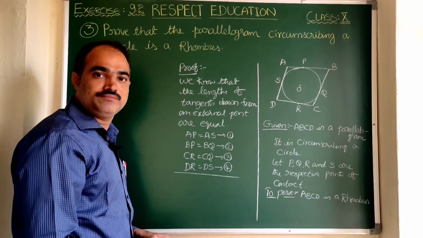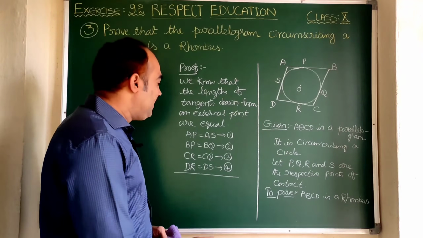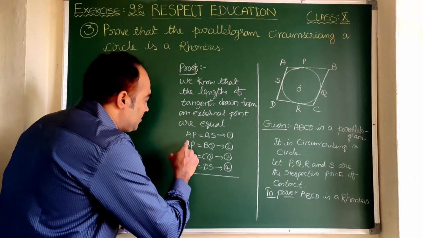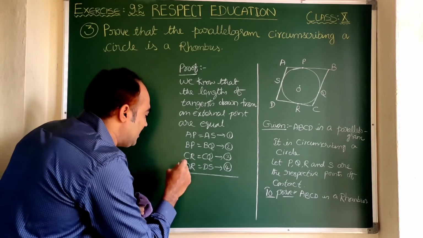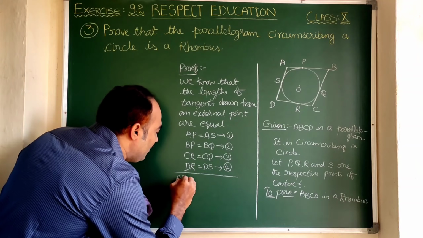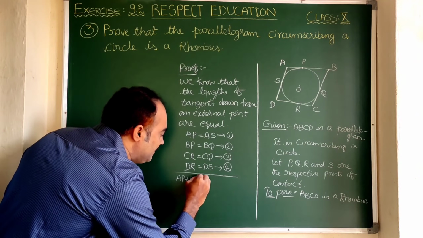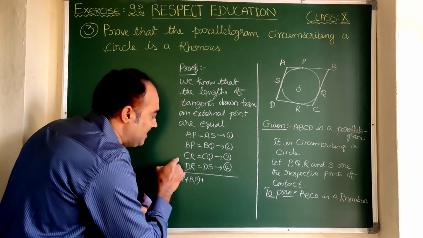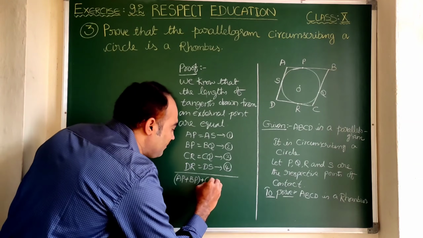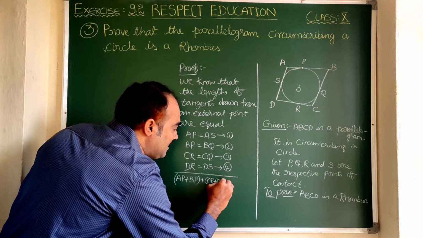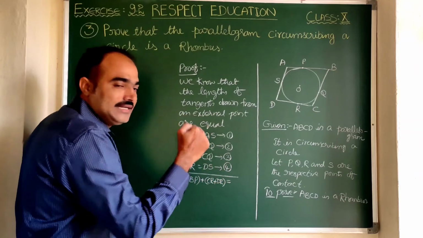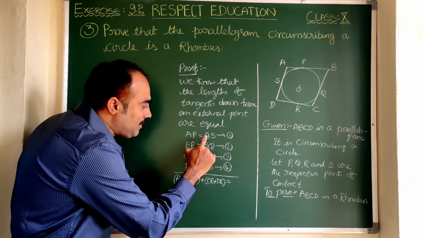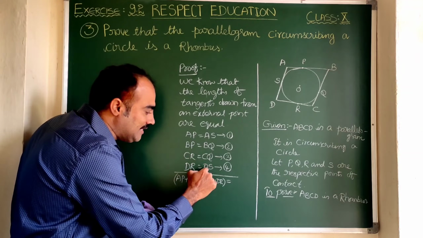So here, let us add them. On adding, let us write AP and BP together. So here I am writing AP plus BP, these two together, plus CR and DR together, CR plus DR is equal to, while adding this side you see AS plus BQ plus CQ plus DS.